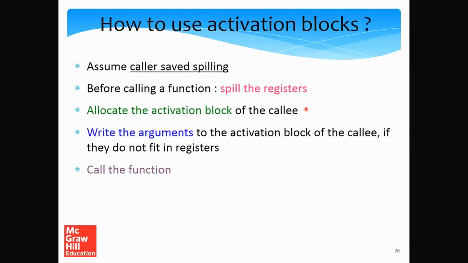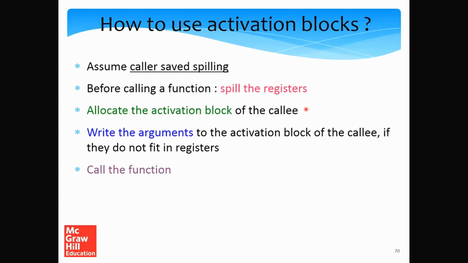So how do we use the activation blocks? Let's say that we have caller saved spilling. So before calling a function, we spill the registers. Then we allocate the activation block of the callee. We write the arguments to the activation block of the callee, if they don't fit in registers. If there are one or two arguments, they can always be passed via registers.